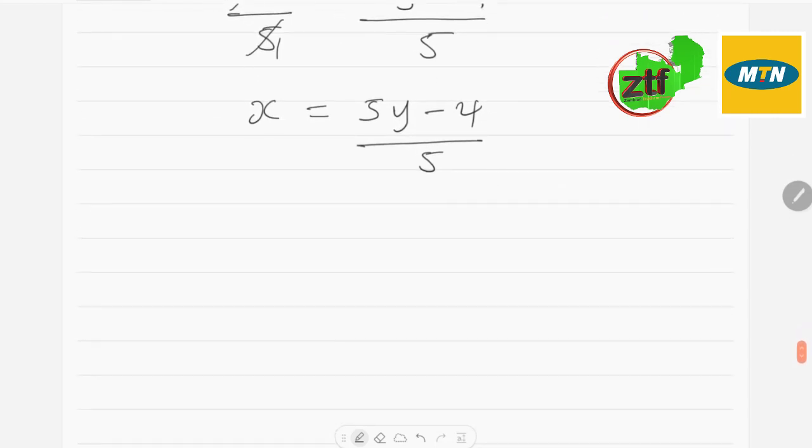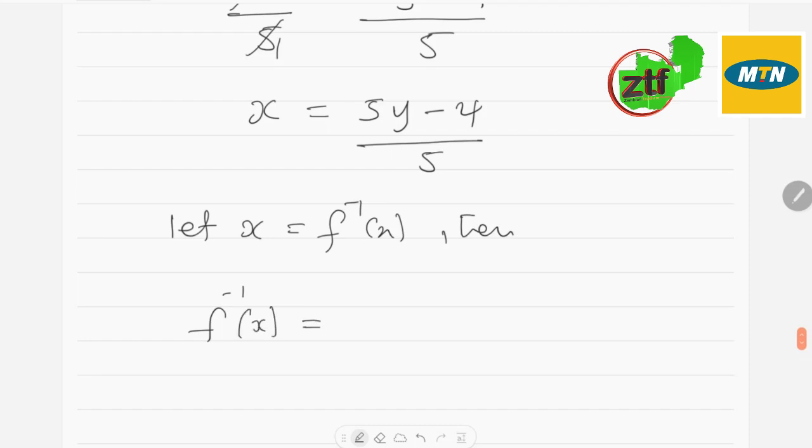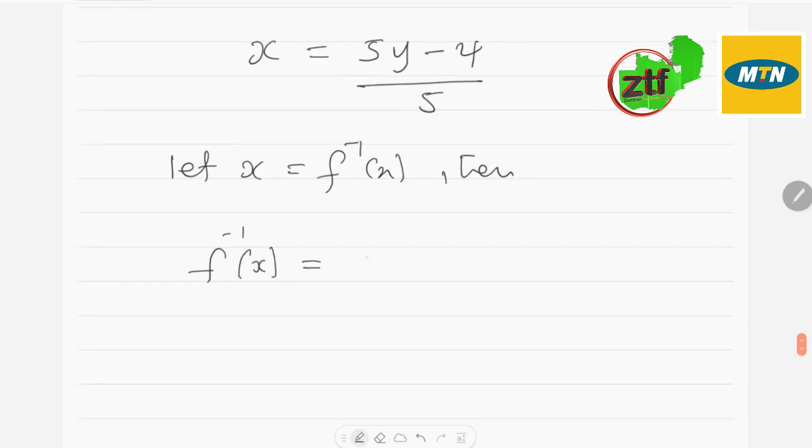Then, since I have made x the subject, I will now change x. If I let x be equal to f inverse of x, then I will have f inverse of x, and wherever there is y, I will put x.